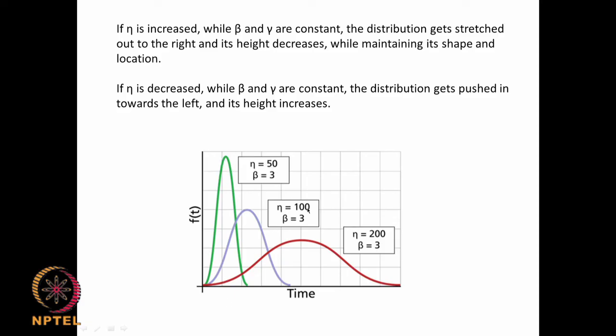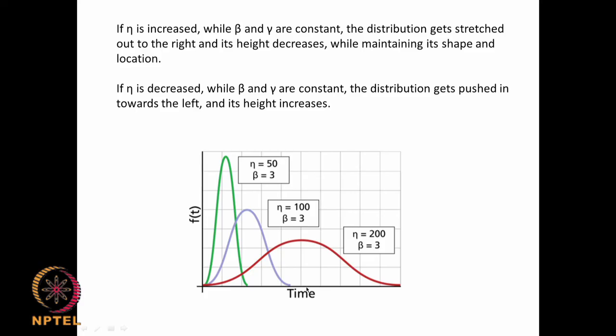Whereas if I put eta equal to 100, the 63.2% will fail in 100 time units. If the time is hours, then in 100 hours 63.2% of the material will fail. If eta is equal to 200, then 63.2% of the material will fail within 200 hours.